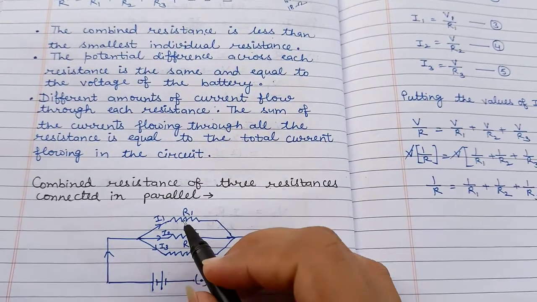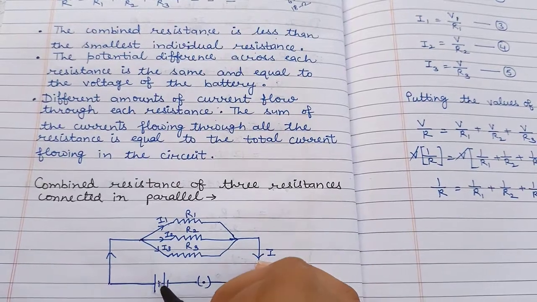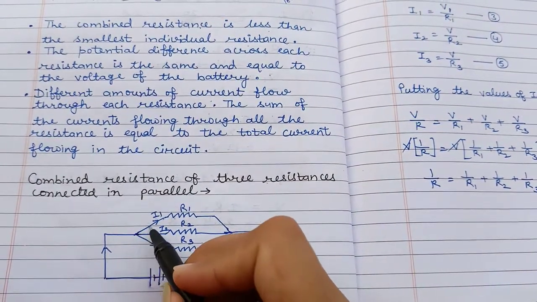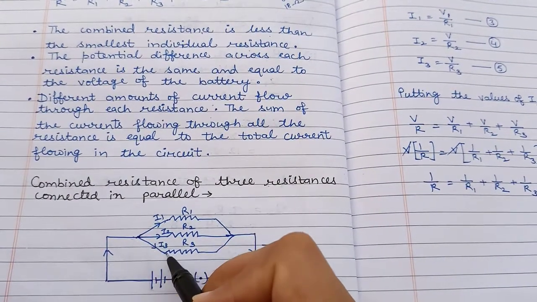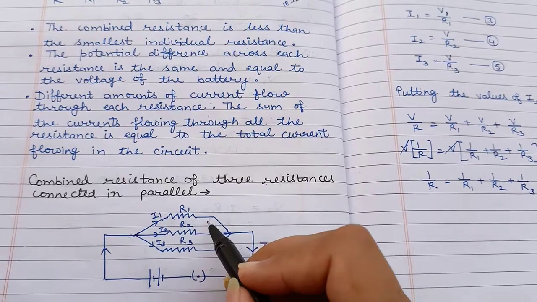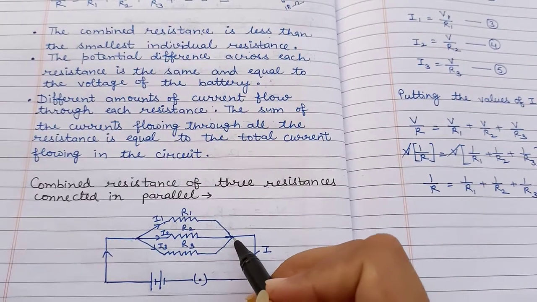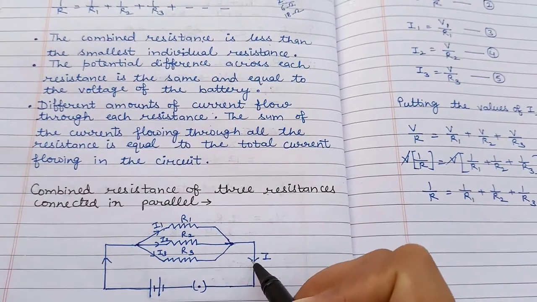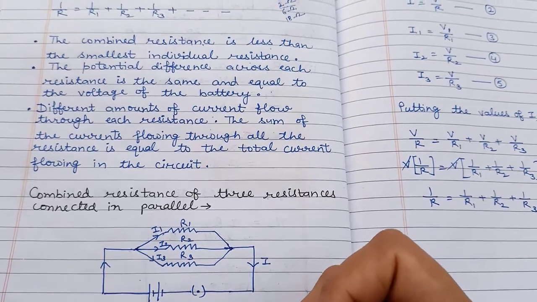According to this diagram, the current is flowing from the positive terminal to the negative terminal, and the current from this point is flowing in three directions I1, I2, I3. After flowing through these resistances, again the total current I will be the same, that means the sum total of the three.